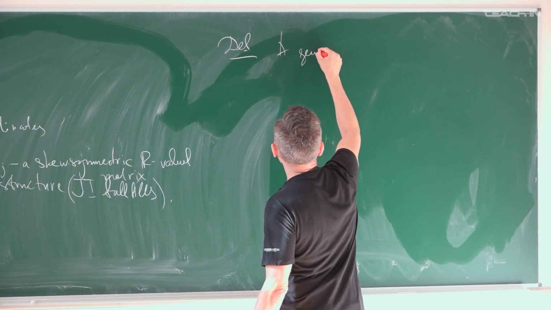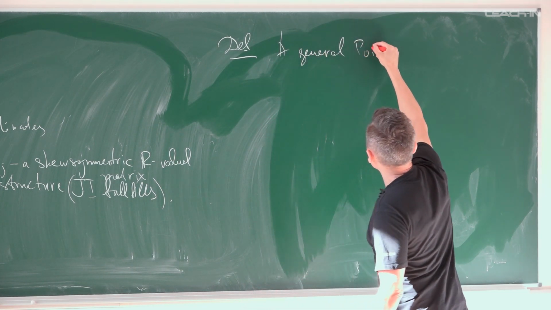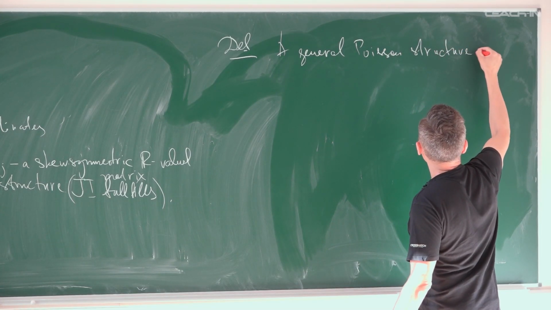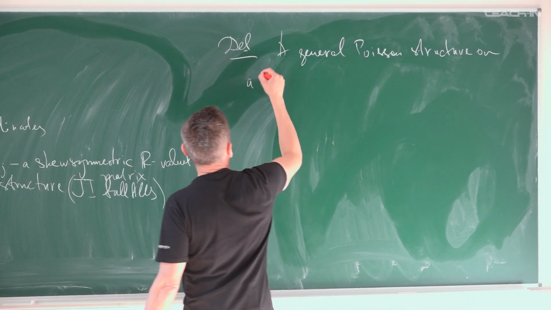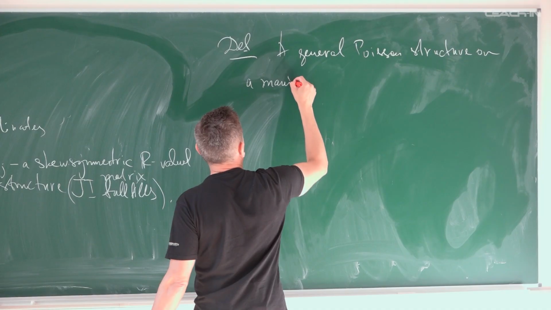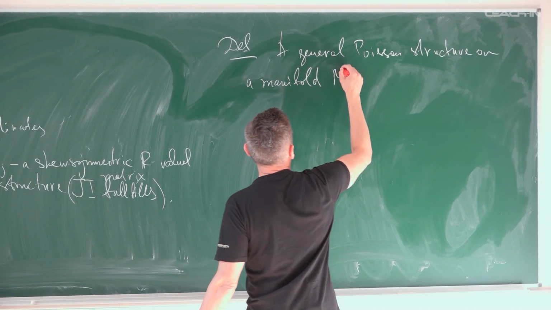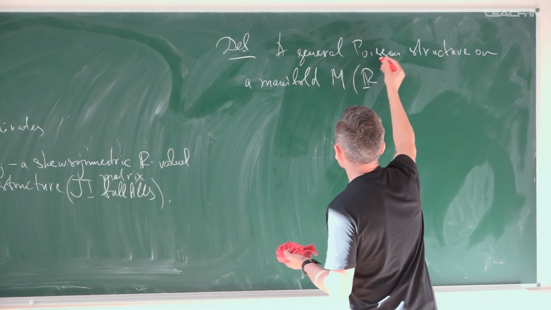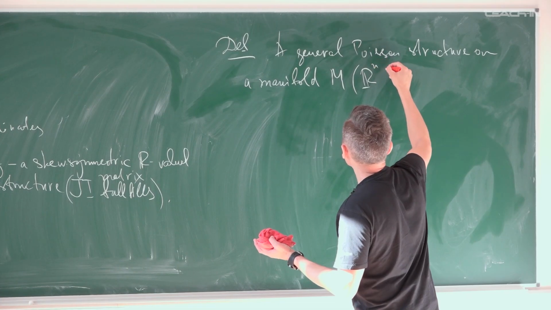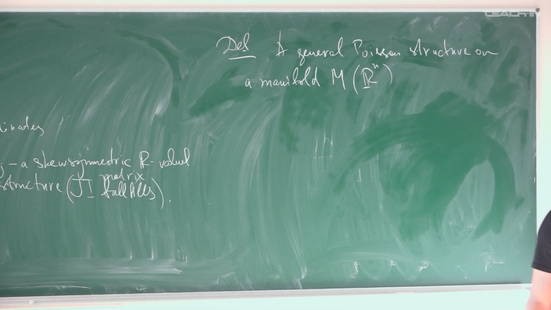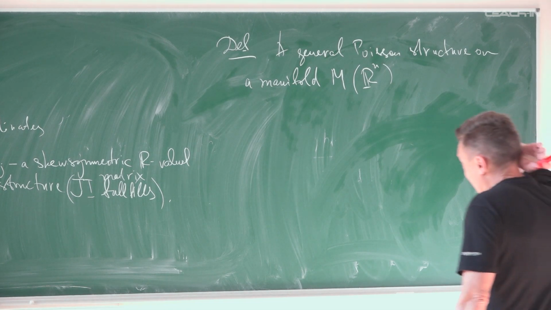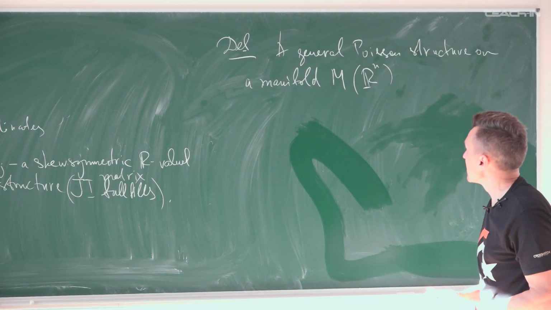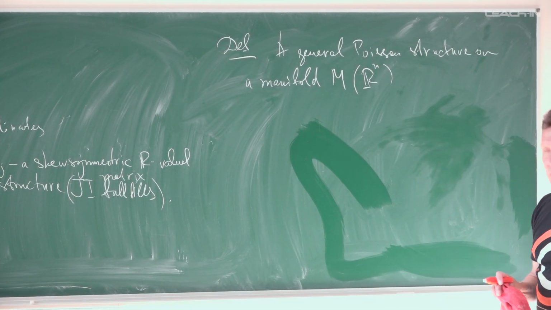A general Poisson structure on the manifold M, but now we suppose that it is just R^n. In what follows you will use a more general definition, but for the moment we suppose that it is just an affine space.